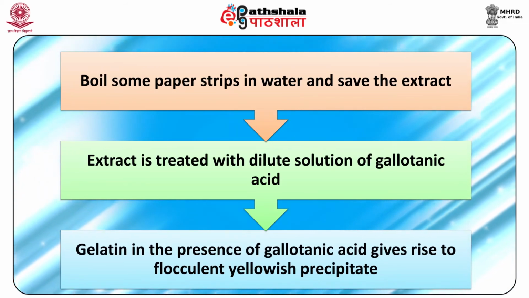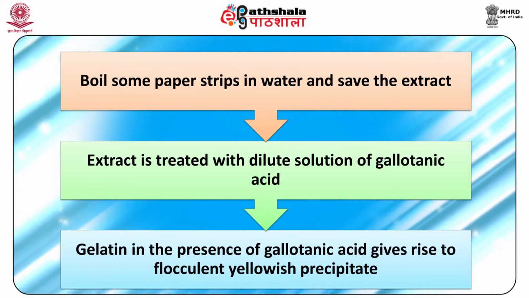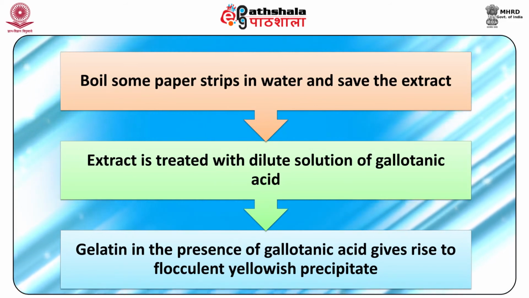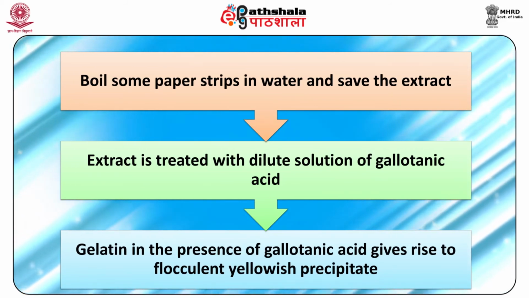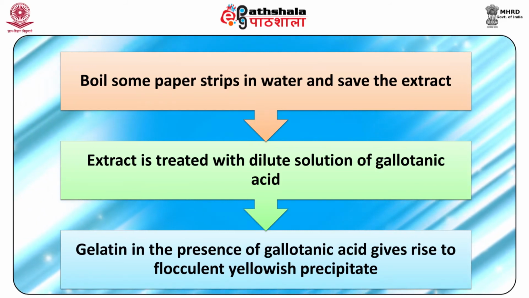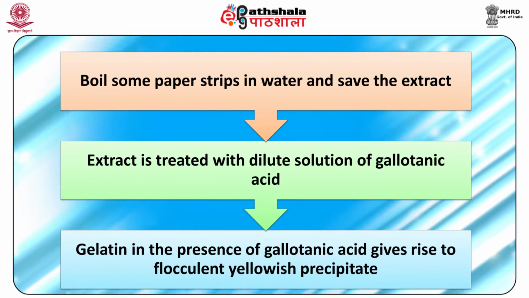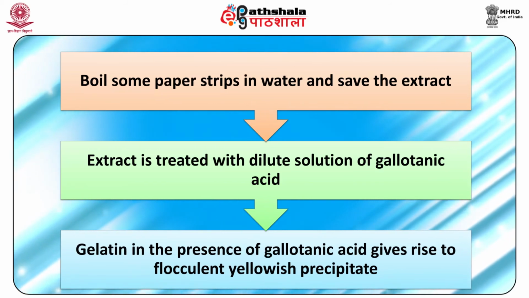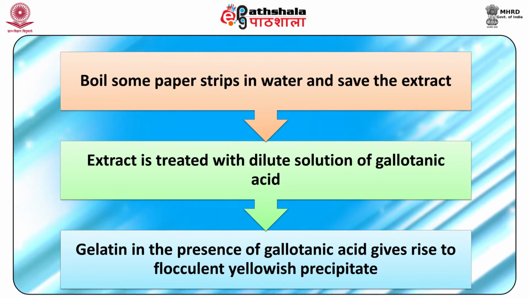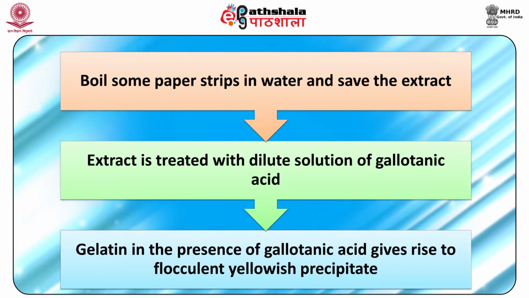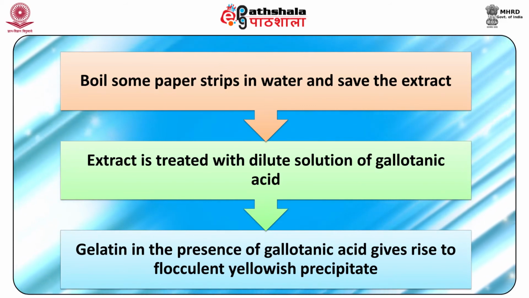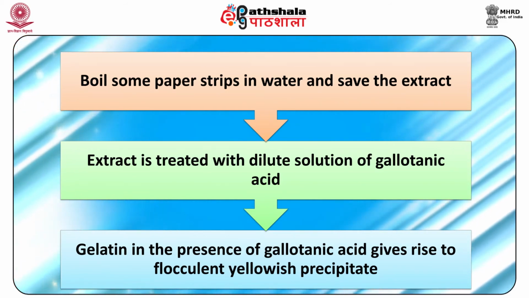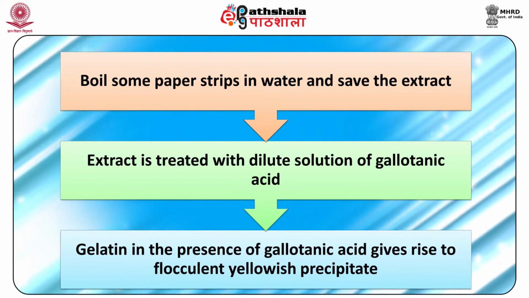Gelatin, which is one of the sizing agents in paper, can be identified by a chemical reaction. Boil some paper strips in water and save the extract. The extract is treated with a dilute solution of gallotannic acid. Gelatin in the presence of gallotannic acid gives rise to a flocculent yellowish precipitate.